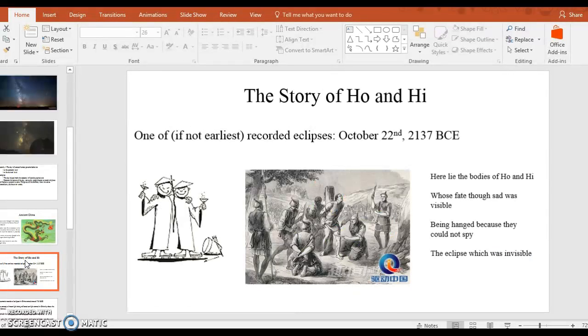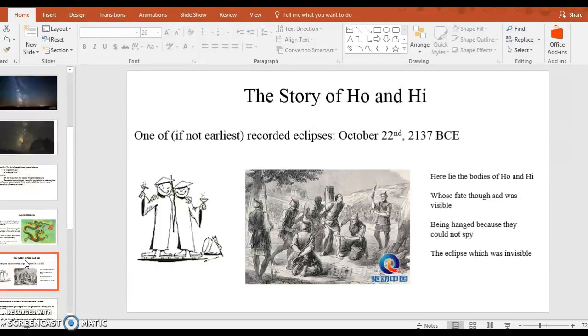One famous story that comes out of China is these two astronomers, Ho and He, and legend has it, this is not necessarily 100% true, I can't prove that it's true, but legend has it that they were executed for not being able to predict an eclipse, and the emperor beheaded them. The ancient Chinese thought that eclipses meant bad things for an emperor.